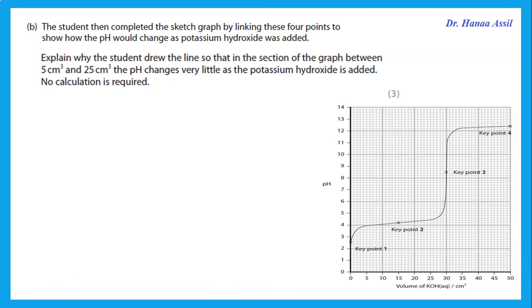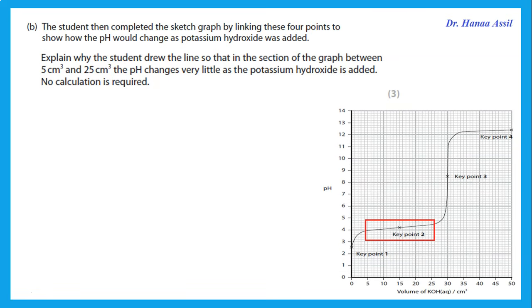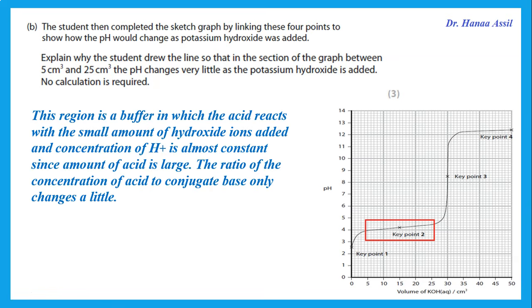Explain why the student drew the line so that in the section of the graph between 5 and 25 centimeter cubed, the pH changes very little as we add potassium hydroxide. Again, remember that that part is the buffer region. So this region is a buffer region in which I have a lot of acid and I'm adding some KOH, so a small amount of hydroxide ions is added.